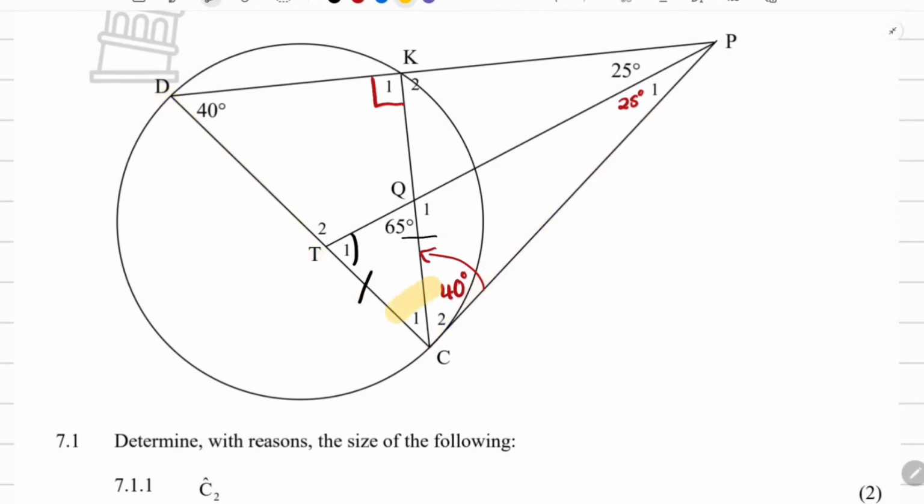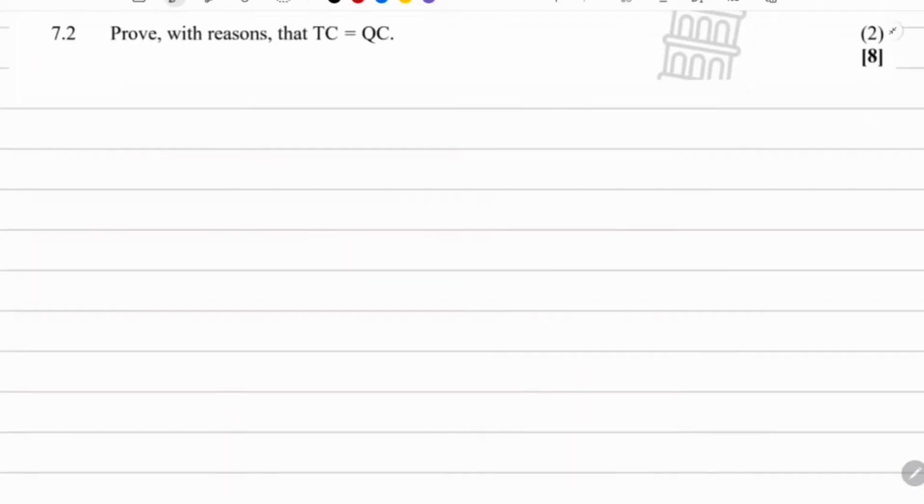So because of that, we know this is 90 degrees. Okay, so let's also tell them that this angle, let's just call it DCP, is 90 degrees, because the tangent is perpendicular to the radius. You can just say tangent perpendicular to radius.